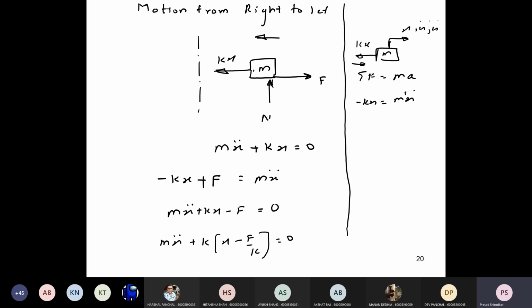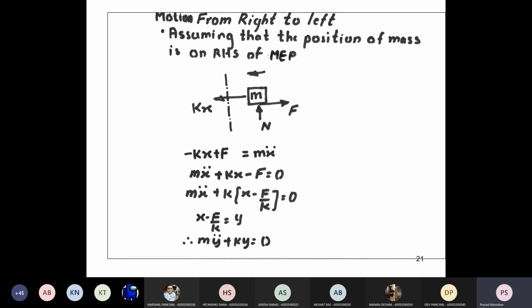So I can write this x minus f by k as y. So this equation becomes m y double dot plus ky is equal to 0. This is the governing differential equation when the mass is moving from right to left, assuming that the position of the mass is on the right hand side of the mean equilibrium position.